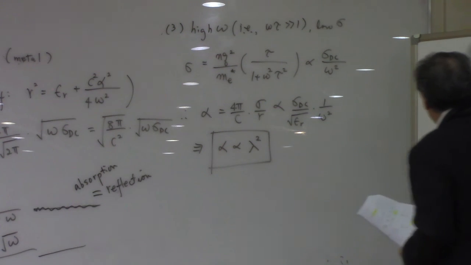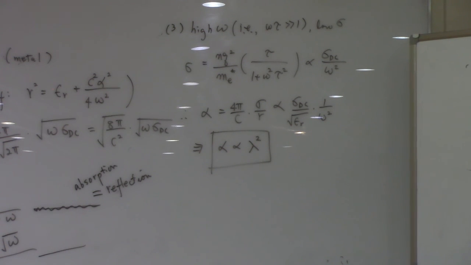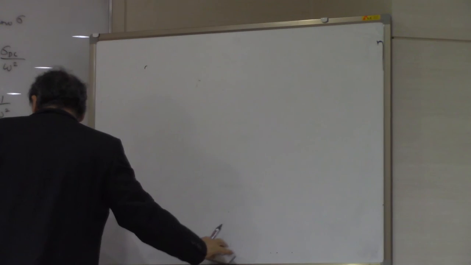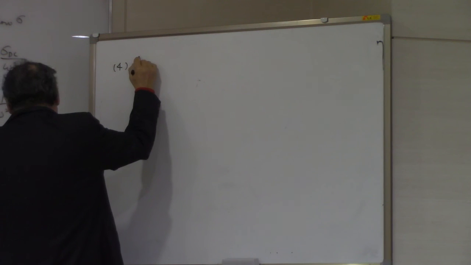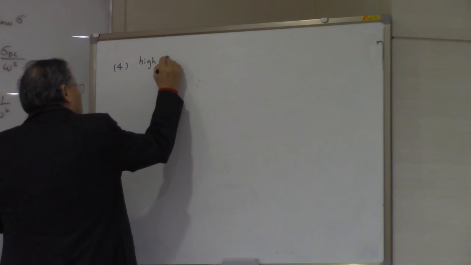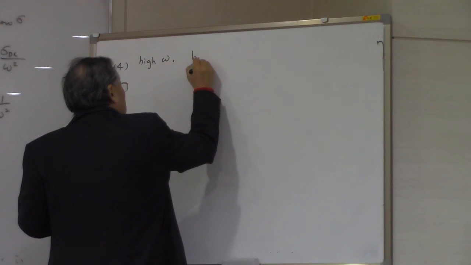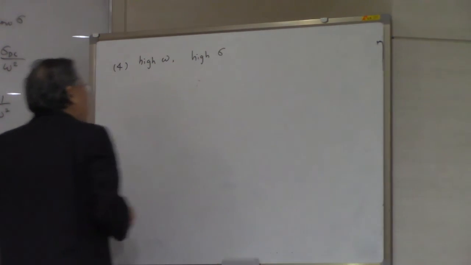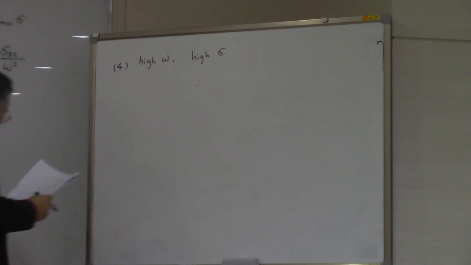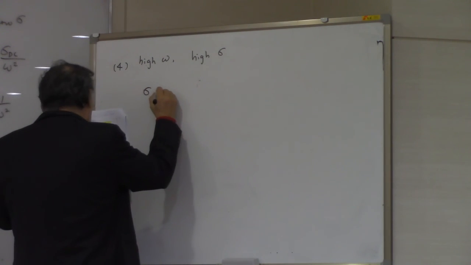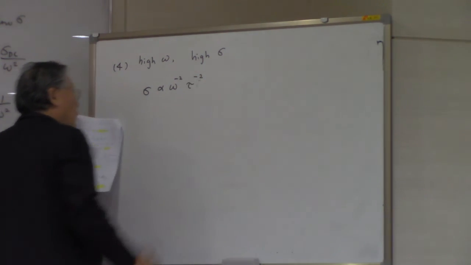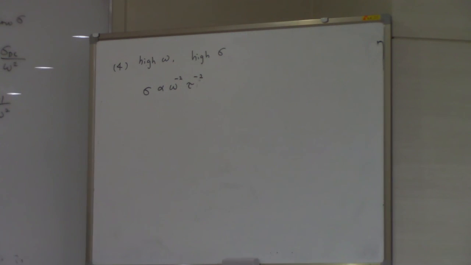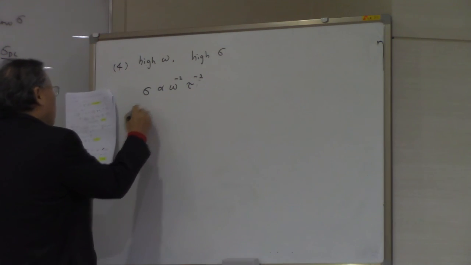Inversely proportional to the omega minus 2 power. And then finally, we can think of one more case where the high frequencies and high conductivity, now sigma is going to be proportional to the omega and tau, just like that, okay, in this case. You just put in the first equation there, then you'll find this.